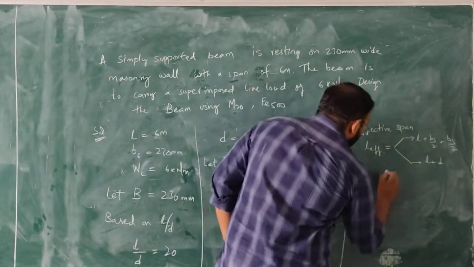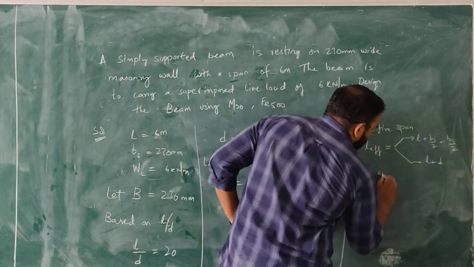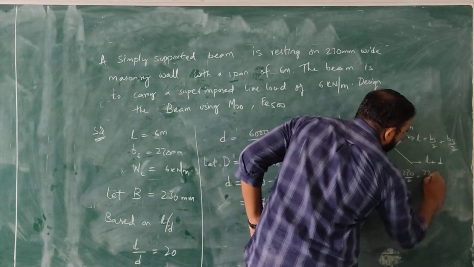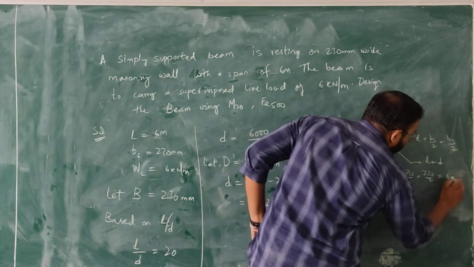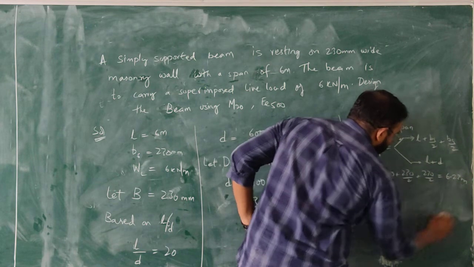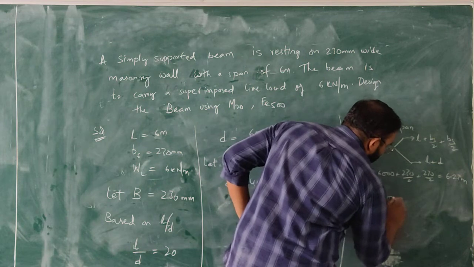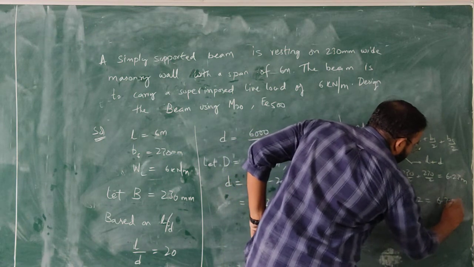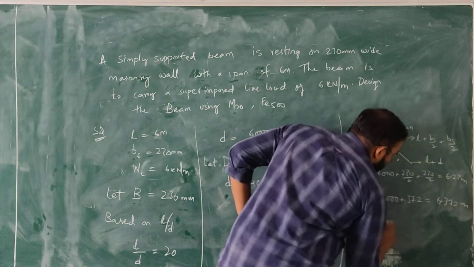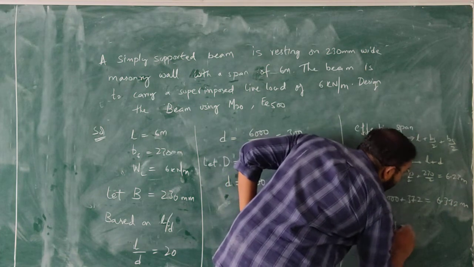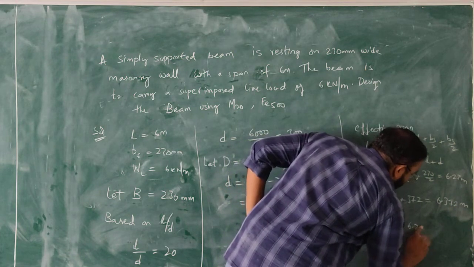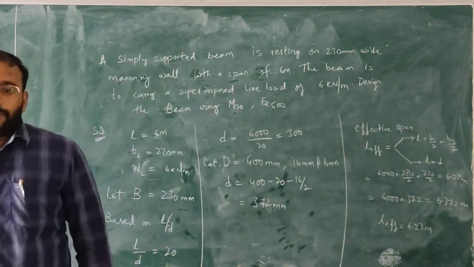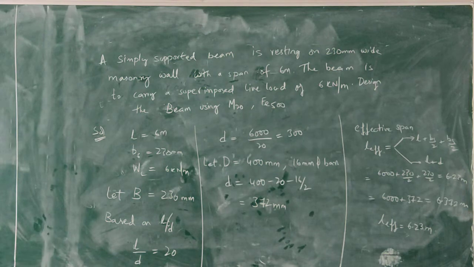So first is 6000 plus 230 by 2 plus 230 by 2, this is equal to 6.23 meters, and next is 6000 plus 372, 6.372 meters. So the least one is L effective, which is equal to 6.23 meters. Effective span is 6.23 meters.